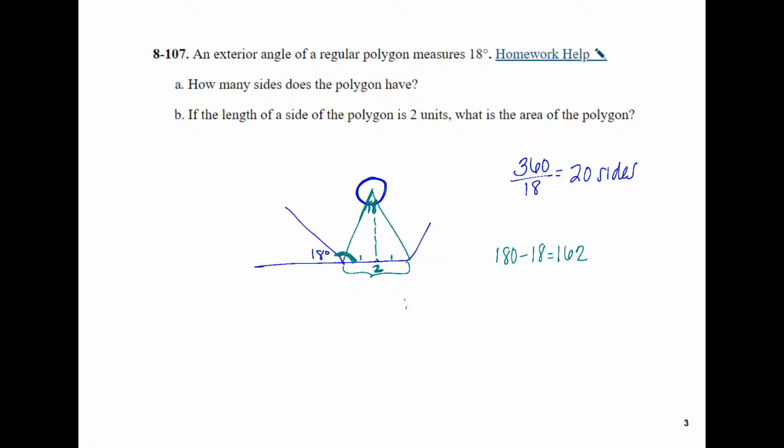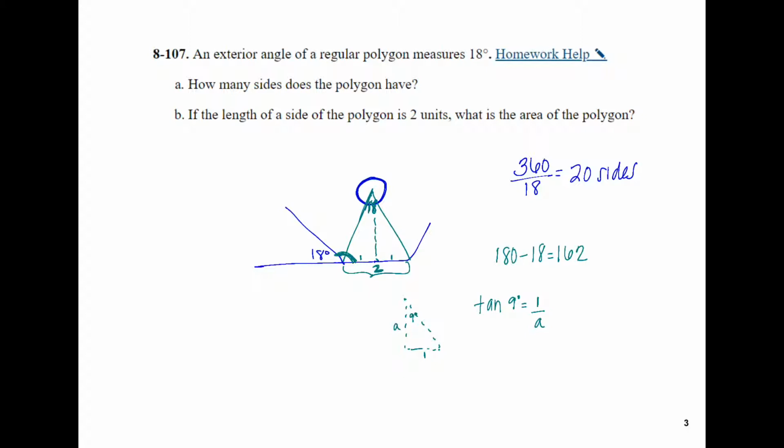So to find the area of our polygon, we need to find the area of our triangle. We know that half of 18 is 9 degrees. If we know that this base is 1, we can use our tangent function. The tangent of 9 degrees is equal to our opposite side over our adjacent side, which is the height of our triangle we're looking for.